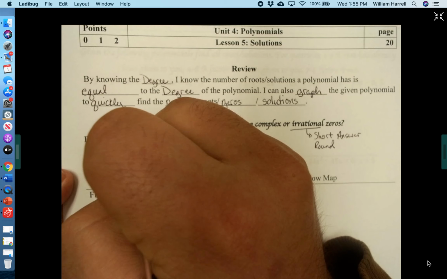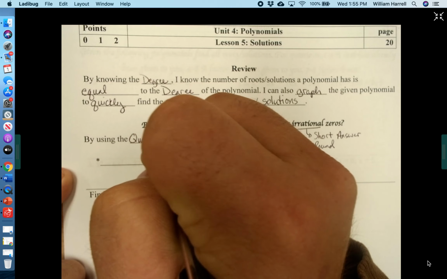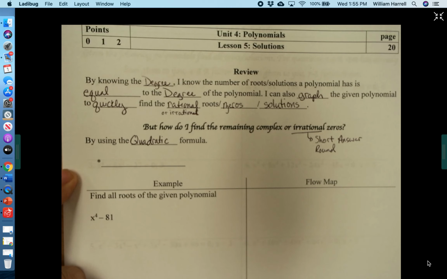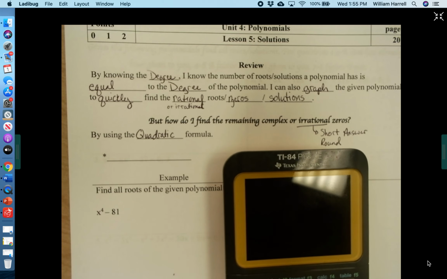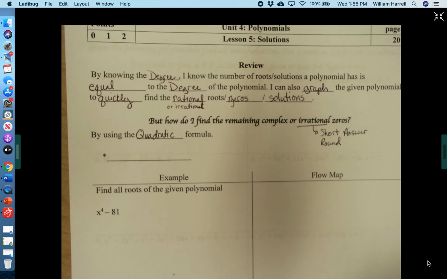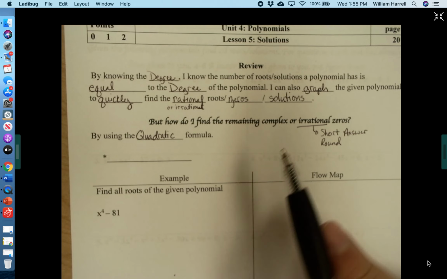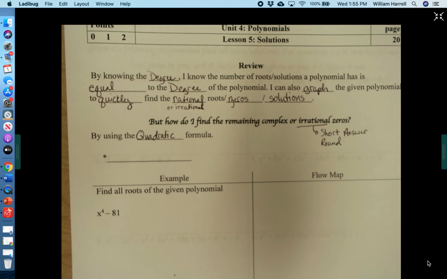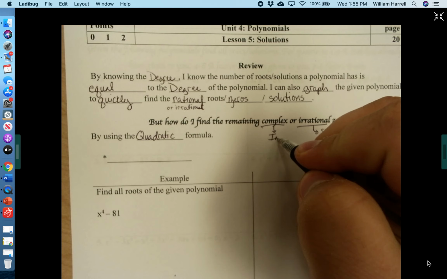Going back to Math 2, we're going to do this by using the quadratic formula. If it's a multiple choice calculator question, Desmos cannot do these questions all the way through, especially if they have complex solutions. Desmos won't graph them, because complex and imaginary are the same thing.